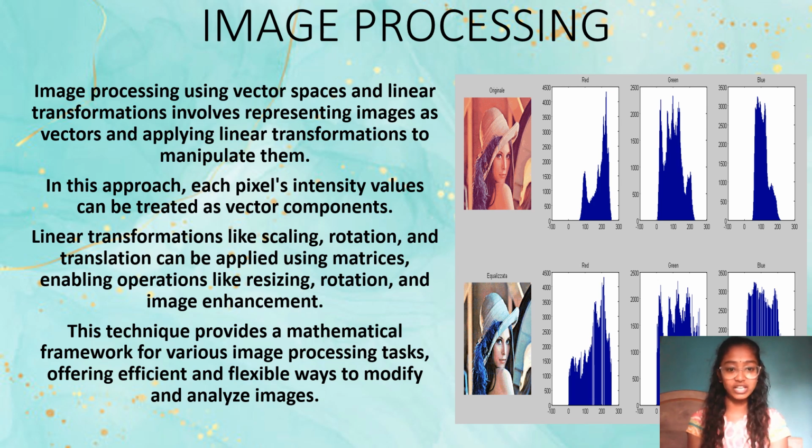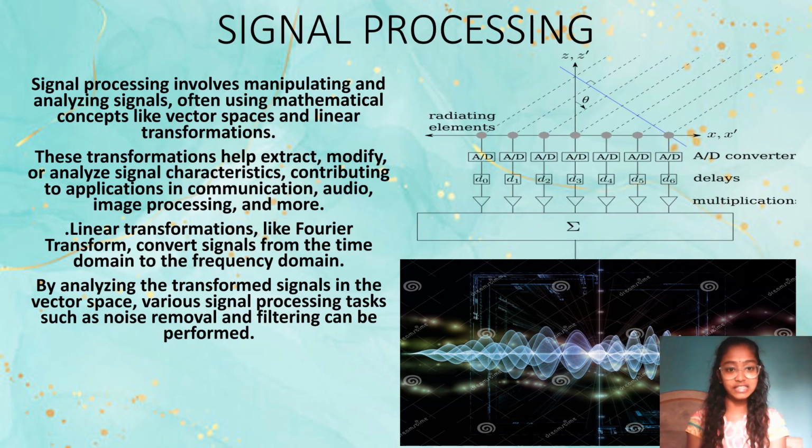Linear transformations like scaling, rotation, and translation can be applied using matrices, enabling operations like resizing, rotation, and image enhancement. This technique provides a mathematical framework for various image processing tasks, offering efficient and flexible ways to modify and analyze images.